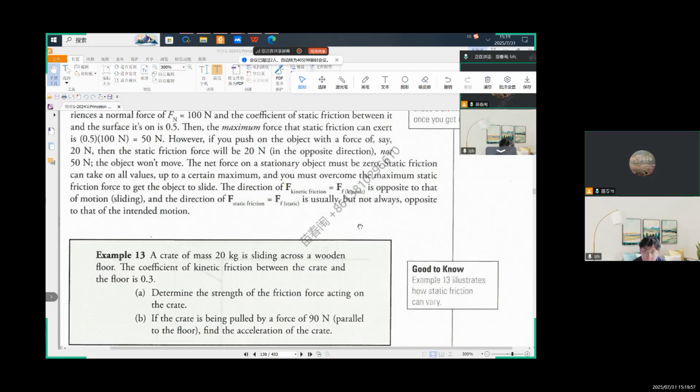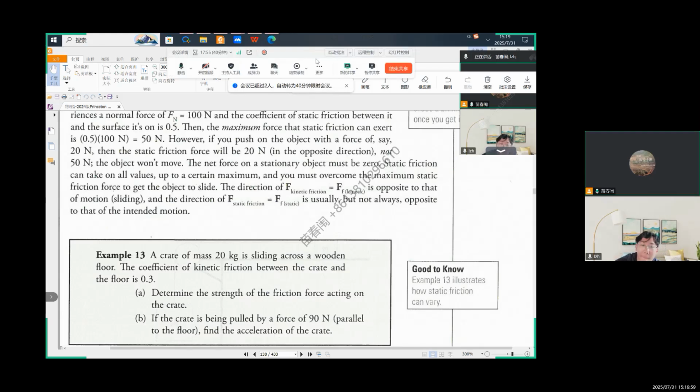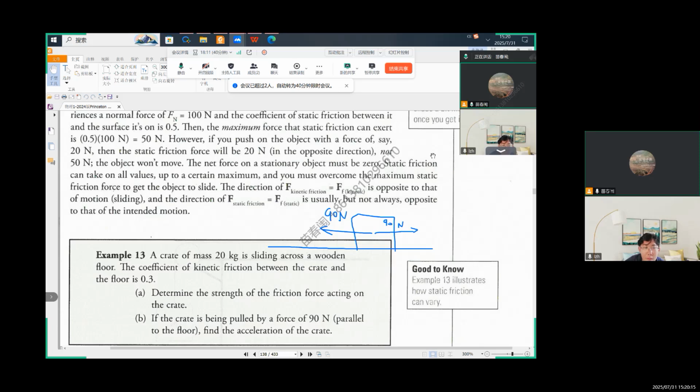Can you draw the diagram for this one? There's a 90 and there is a 60, right? The friction is 60, right? Oh, this is the first question, so you're right.